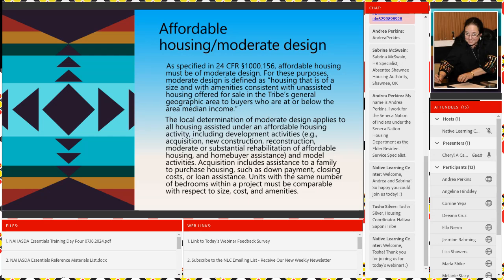The local determination of moderate design applies to all housing assisted under affordable housing activities, including development activities, acquisition, new construction, reconstruction, moderate or substantial rehab of affordable housing, and homebuyer assistance and model activities. Acquisition includes assistance to a family purchasing housing, such as down payment, closing cost, loan assistance. Units with the same number of bedrooms within a project must be comparable with respect to size, cost, and amenities.